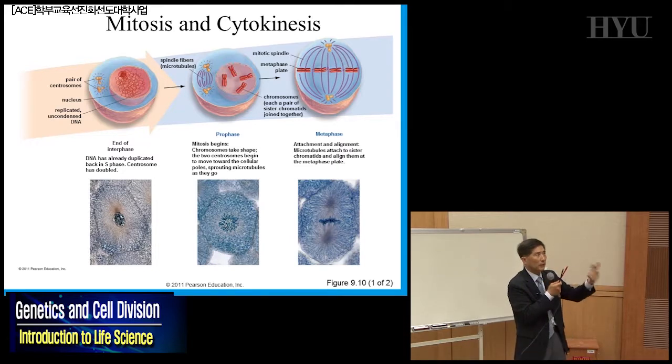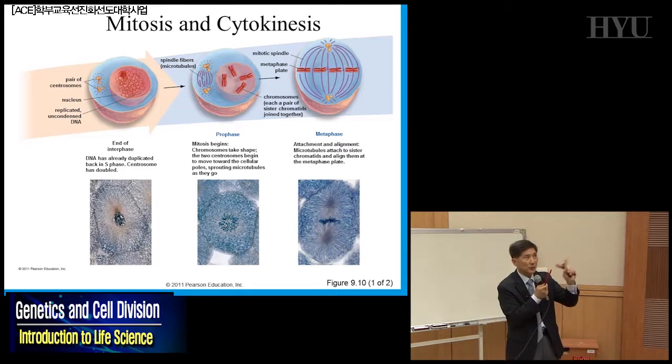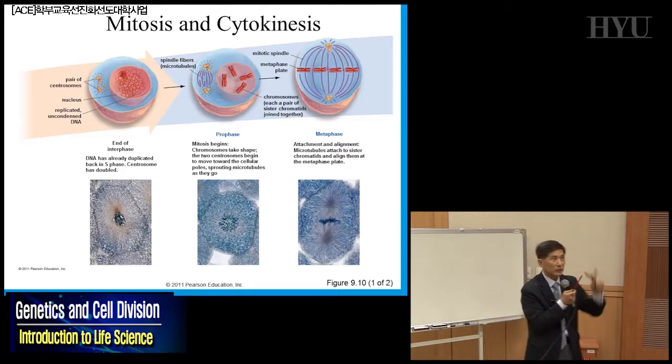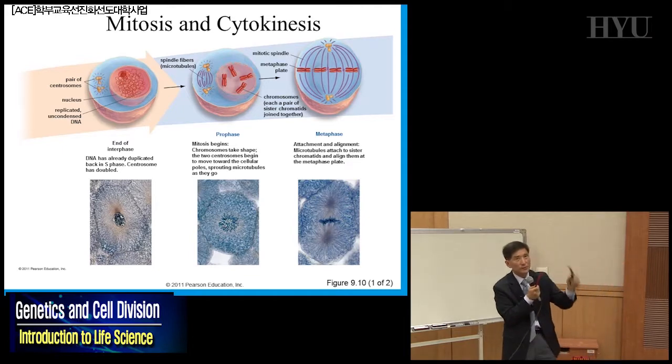Now they are packing for moving. There is a structure called spindle fibers and centrosomes, and the nuclear envelope is breaking down. The nucleus is disappearing. That's prophase. You're preparing for division.